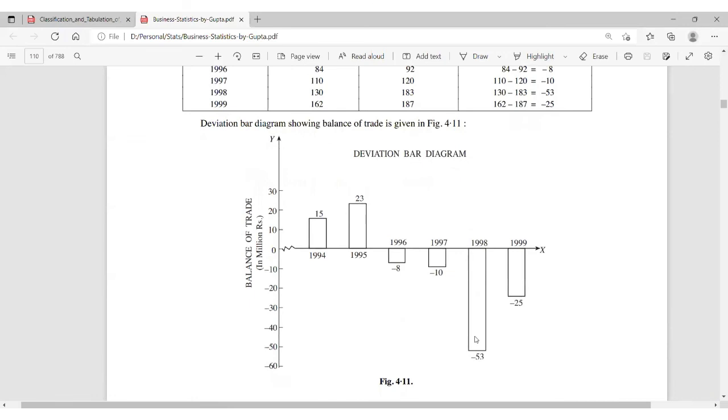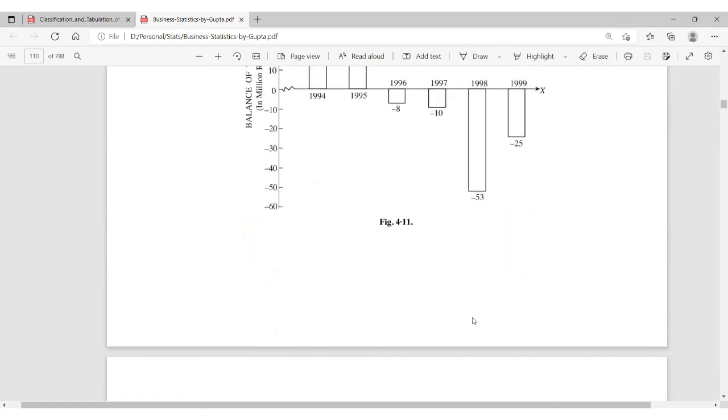So this shows the divisions happening in this data. If the bar is above this line, it shows that export is more than import, and below it shows that export is less. Got it?